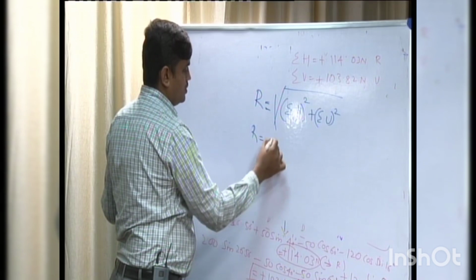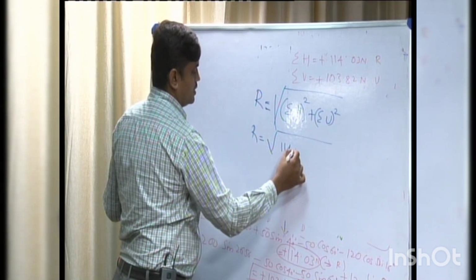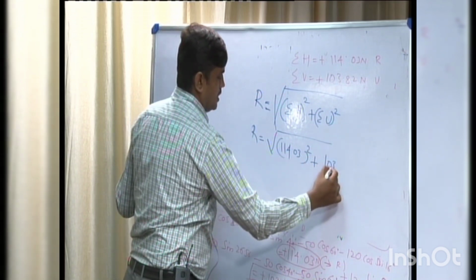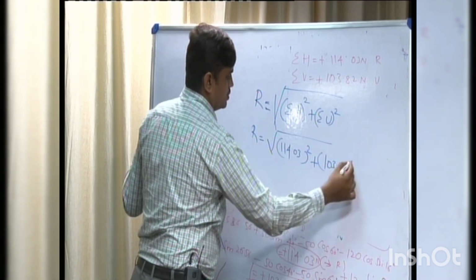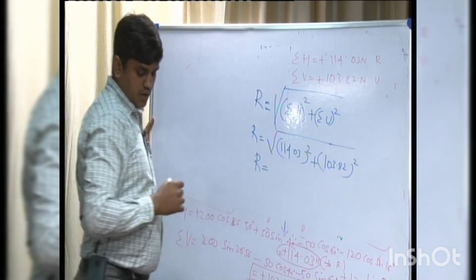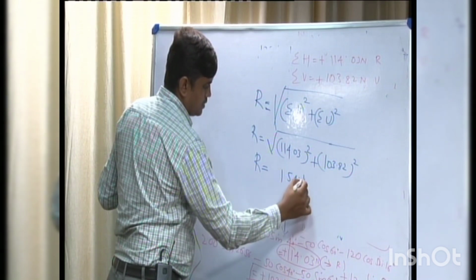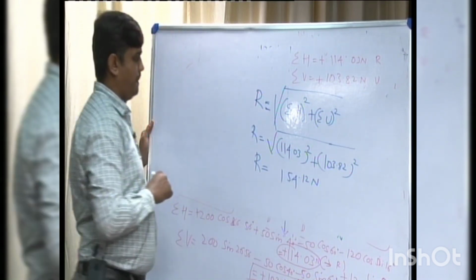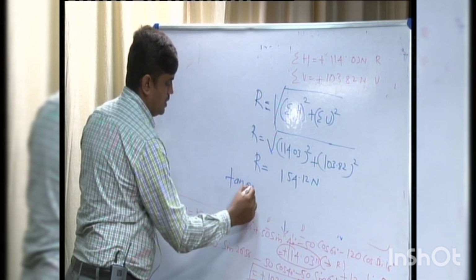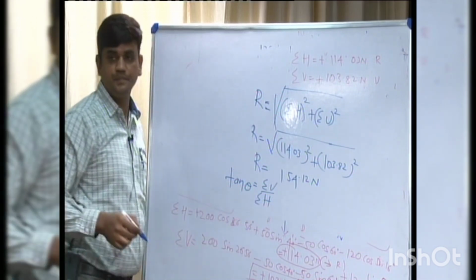R is equal to the square root of 114.03 square plus 103.82 square, and solving this we get 154.12 Newton. We also know that tan theta is equal to sigma V divided by sigma H.